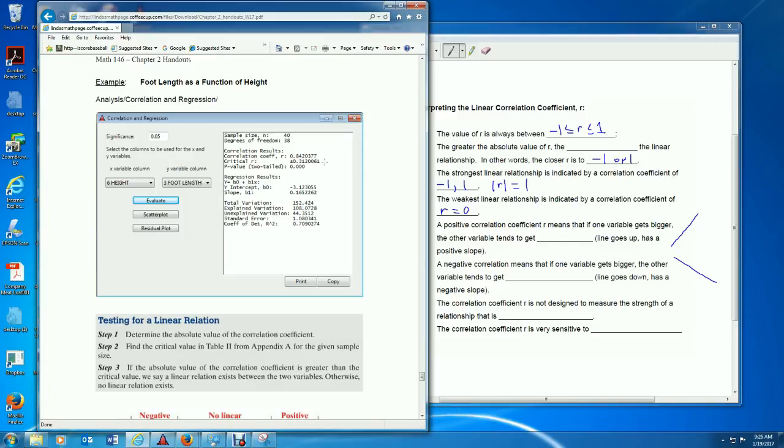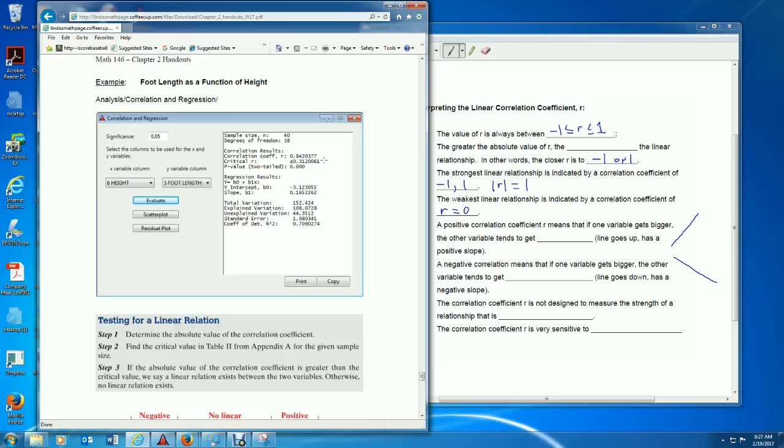Right below that, it will give you the critical R. Okay, so this is the critical value that we're going to compare our calculated value to. And the critical R is always plus or minus. So in this case, it is plus or minus 0.312.